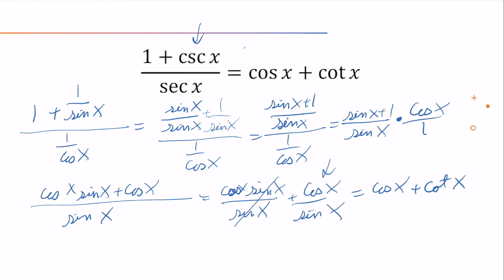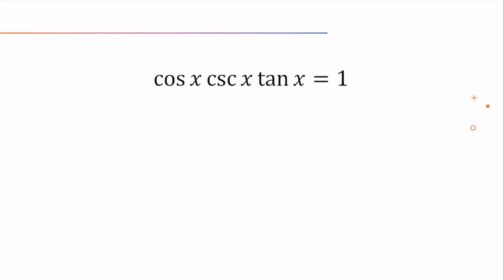Let's work through this last example. If you have requests for any more, let me know. I'm available all weekend. But I want cosine of x times cosecant of x times tan of x equals 1. So I'm going to rewrite all of these in terms of sine and cosine.